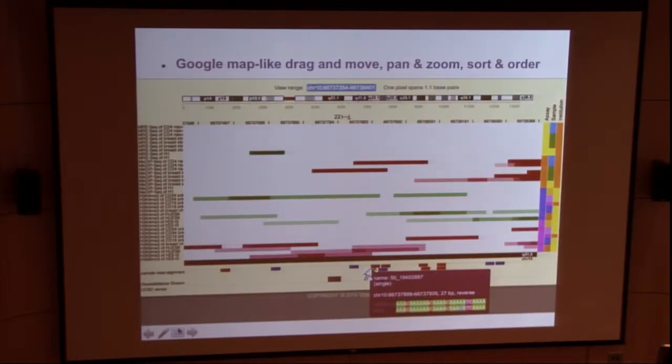You can also look at sequence reads that align to the genome, and look at the variations in each of the reads aligned to the genome. So there are multiple levels of resolution encoded in this data.